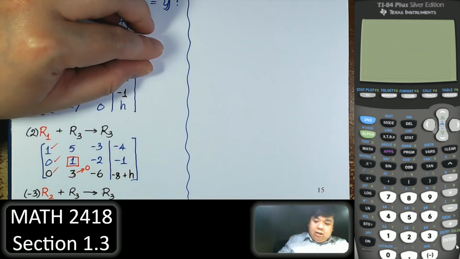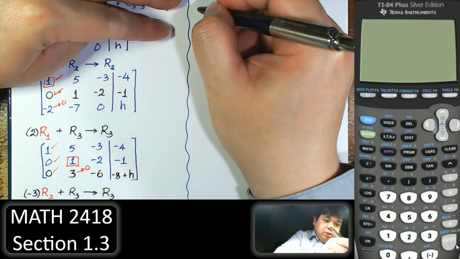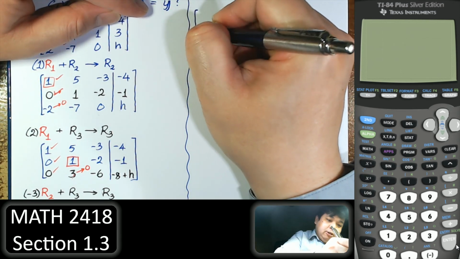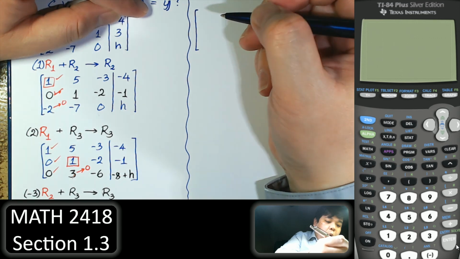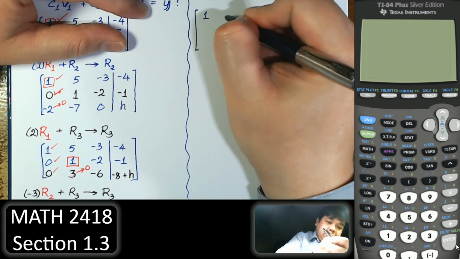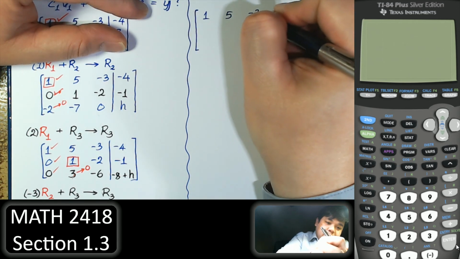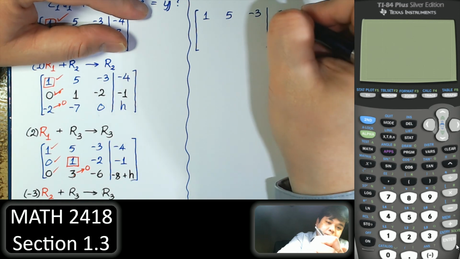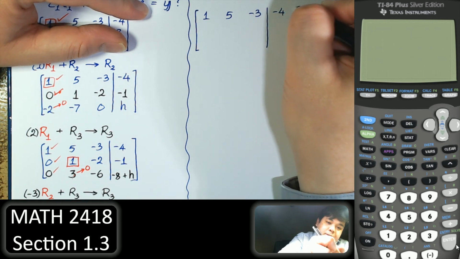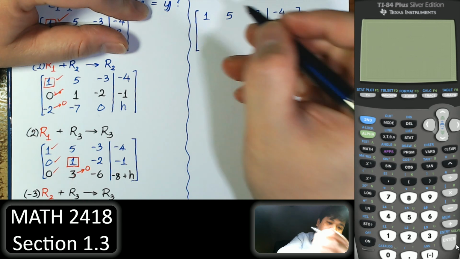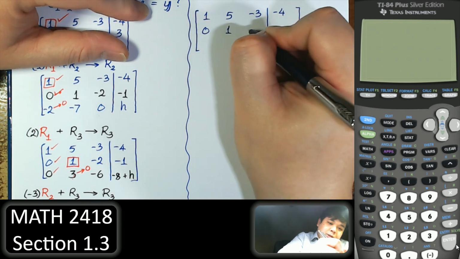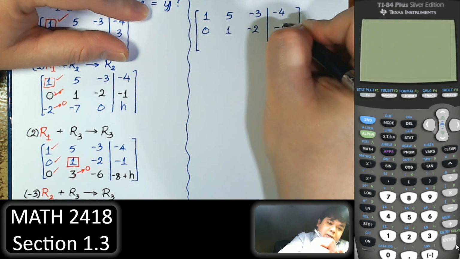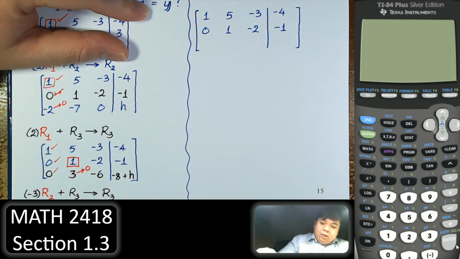We will add and replace to the row that we are trying to eliminate. Right. So row 1 and 2 will stay the same. Now row 3.